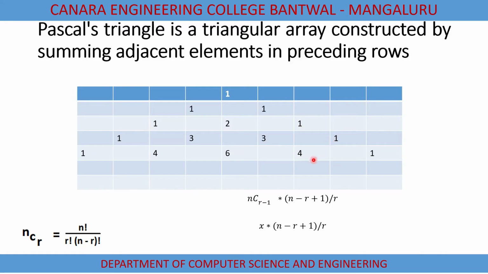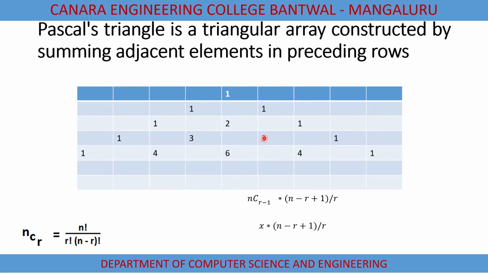Now we can implement the formula to calculate the nCr. That is, I can give the formula like nCr equals nC(r minus 1) into (n minus r plus 1) divided by r. Here nC(r minus 1) is the previous value of nCr. So considering the previous value, I can find the next value. For example, I'll take 3C1.